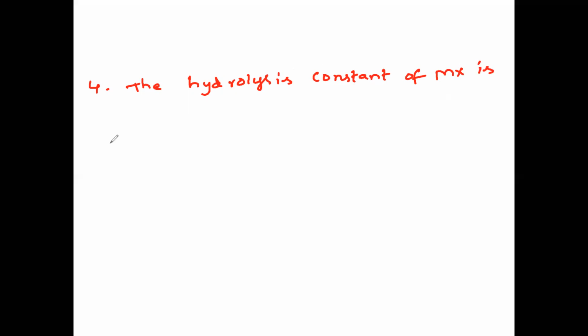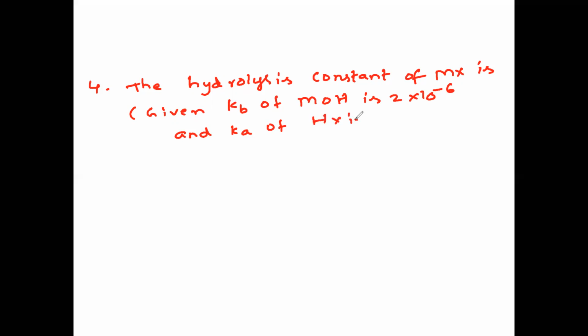They're asking the hydrolysis constant. What is given? Kb of MOH, that is a weak base, is 2 into 10 to the power of minus 6, and Ka of HX is 5 into 10 to the power of minus 7.